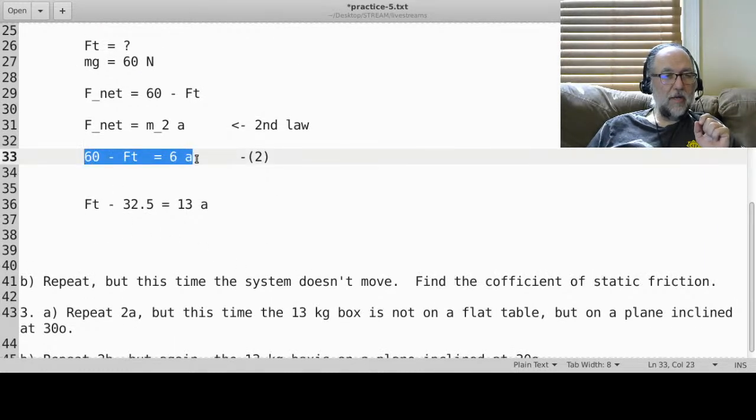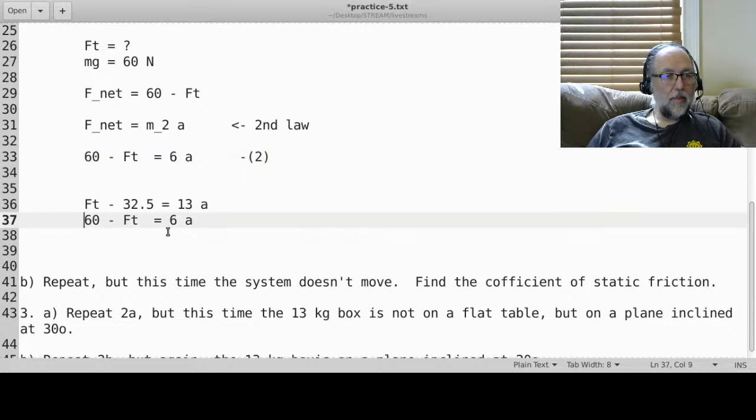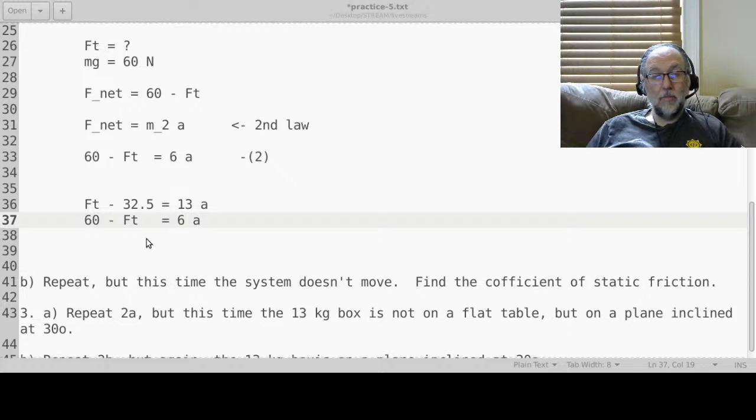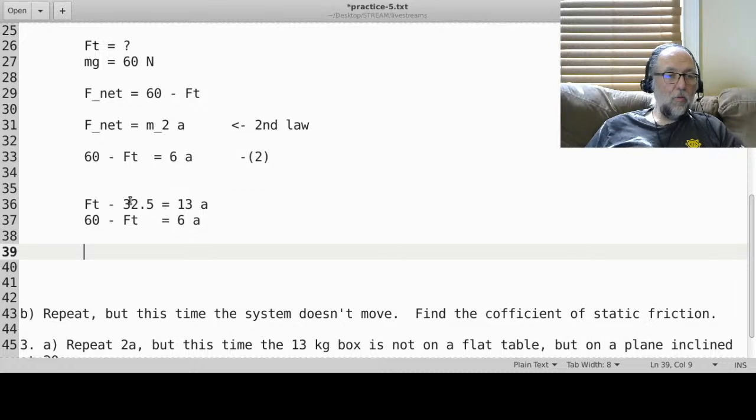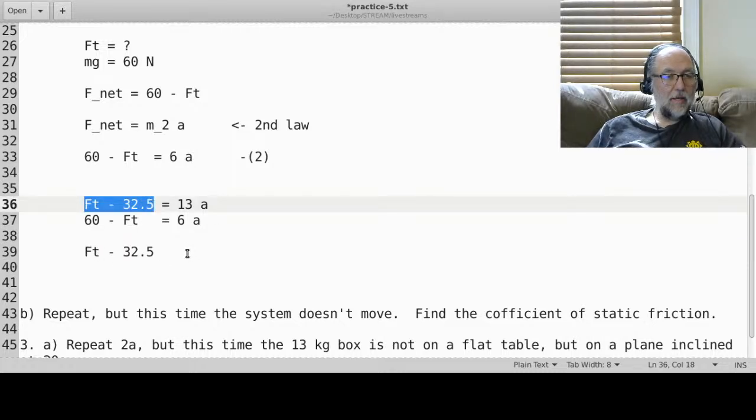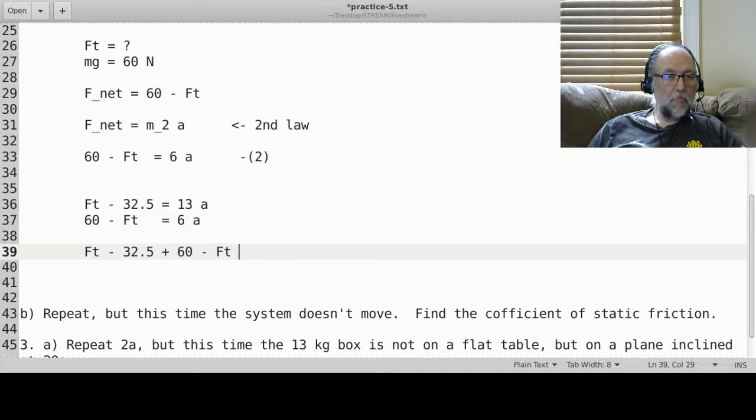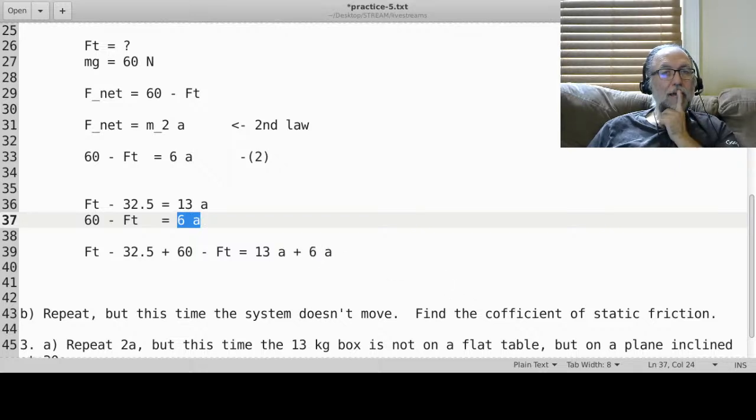Then you add the left-hand side to the left-hand side, and that equals the right-hand side plus the right-hand side on the other side.